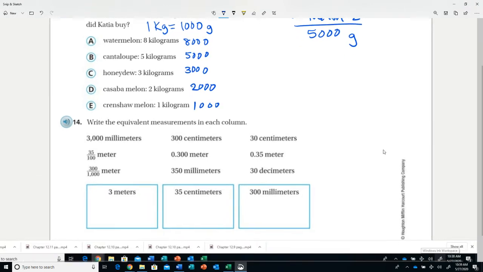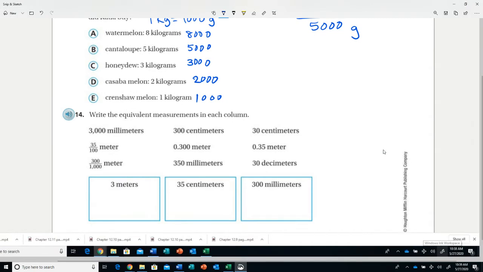Number 14. Write the equivalent measurement in each column. We have a column for 3 meters, 35 centimeters, and 300 millimeters. I'm going to give you a little heads up on this one. Anything with a 35 in it needs to go to the center.